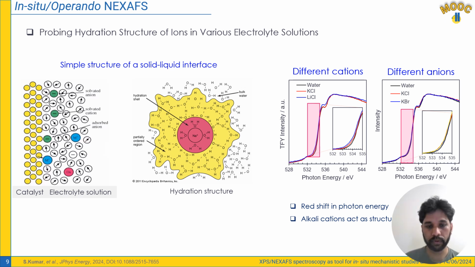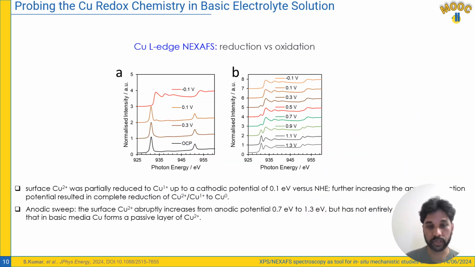For example, one of the examples is that we can study the hydration structure of electrolytes in any electrochemical system. And the second example is that you can study redox chemistry. For example, here is copper redox using X-ray absorption spectroscopy, showing how copper species change on the surface as a function of applied potential.